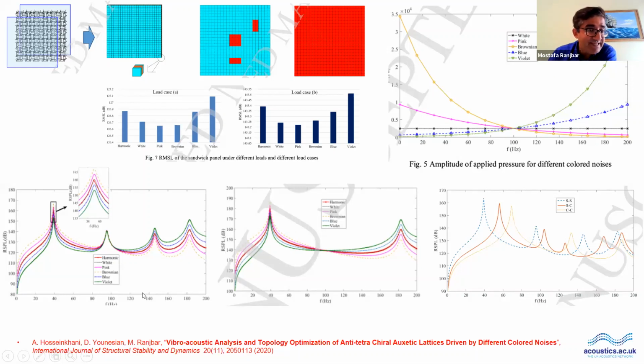And here you can see the result of our paper in the Journal of Structural Stability and Dynamics in 2020. You can see how different noises produce different radiated noise, and how the boundary condition can affect it. The clamped condition radiates less noise, while the simply supported provides more noise.